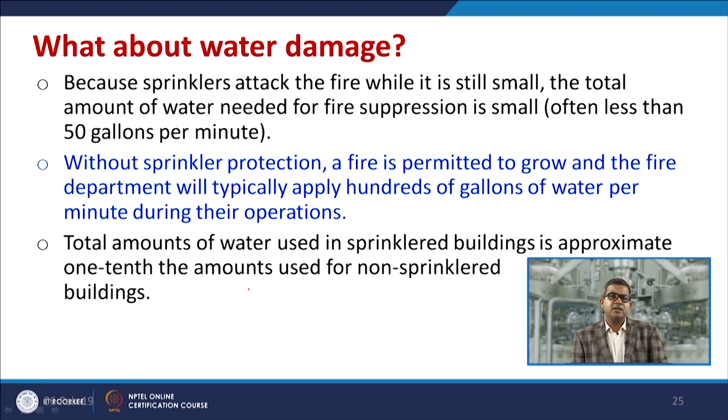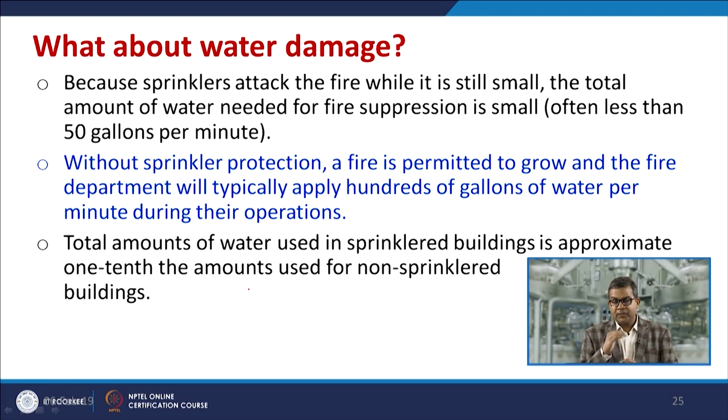Since these sprinklers use water, the question arises: what about water damage? Because the sprinkler attacks the fire while it is still small, the total amount of water needed for fire suppression is small, sometimes less than 50 gallons per minute. Without sprinkler protection, a fire is permitted to grow, and the fire department will typically apply hundreds of gallons of water per minute during their operation.